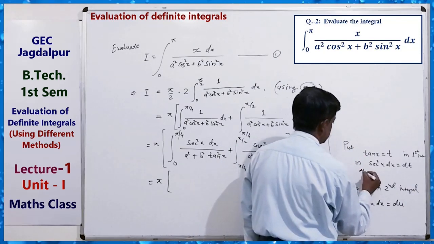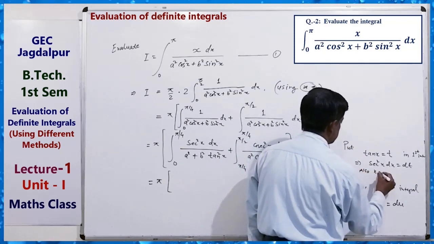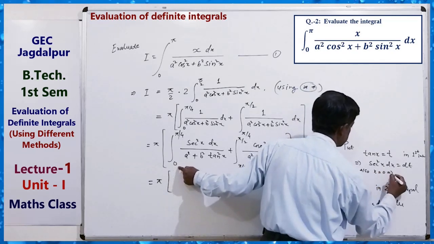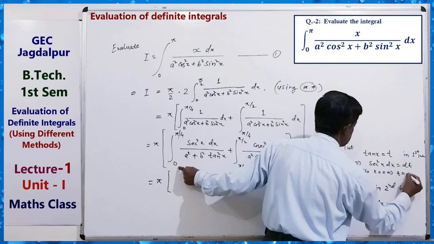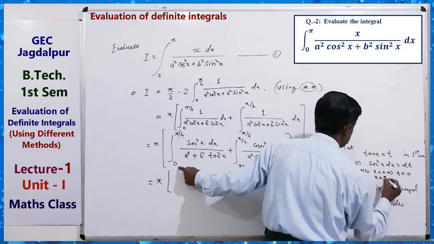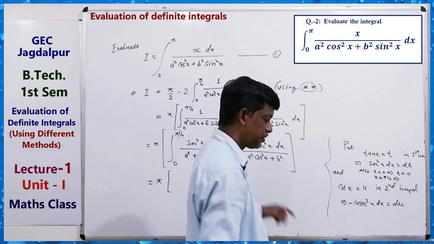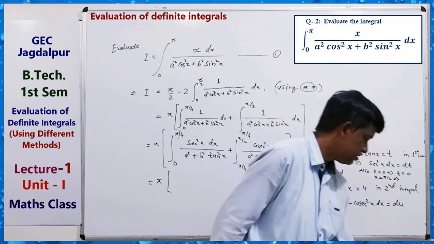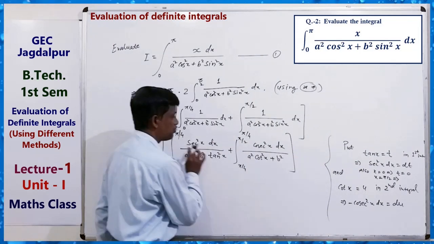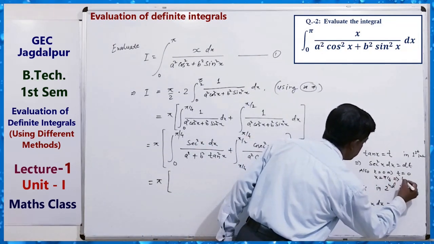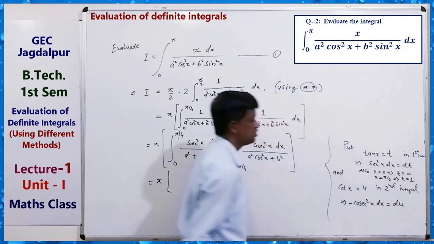Also x equals 0 gives t equals 0, and x equals pi by 4 gives t equals 1, so the limit is 0 to 1.